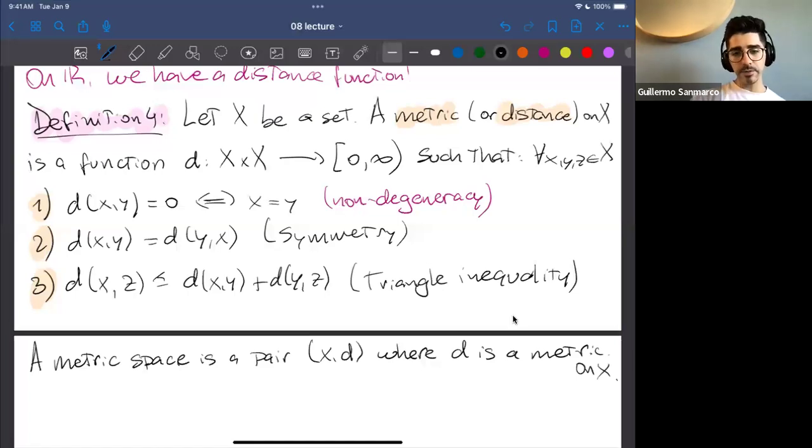And remember, the important idea here is supposed to be this idea of balls, and we can define that.